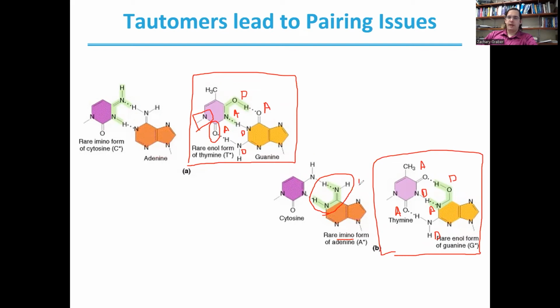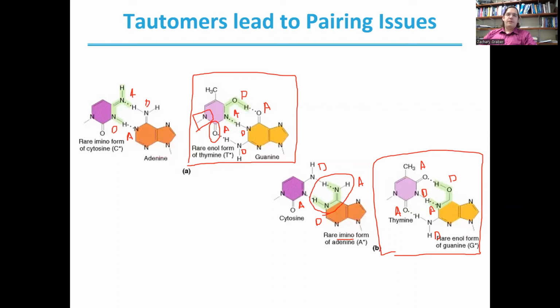And now we've created an acceptor, donor pattern for our adenine that will match up with the donor, acceptor pattern of our cytosine. We can also do the exact opposite and form our amino form of cytosine. We switch it now to an acceptor, donor pattern to match up with the donor, acceptor pattern of our normal adenine. So our base pairing is actually completely inverse if we have our amino or enol tautomer forms of our bases.